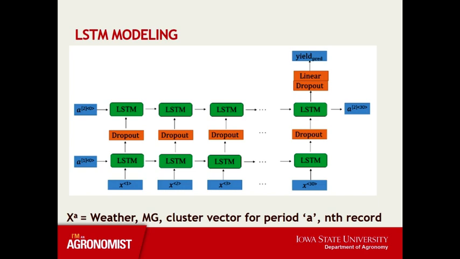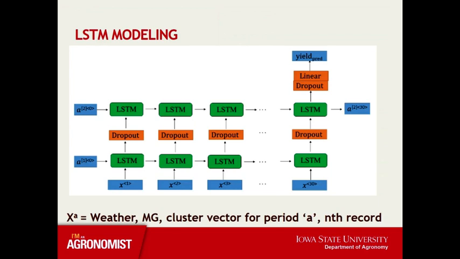So into the modeling. For each one of the periods, we feed in a vector of the weather, the maturity group of the test, and then the clusterings that were generated to determine relatedness between lines, for the nth period in the nth record, or for N1 through 104,000.